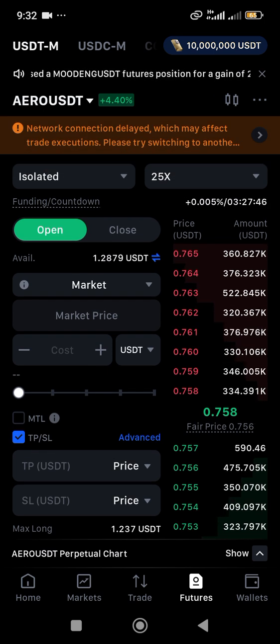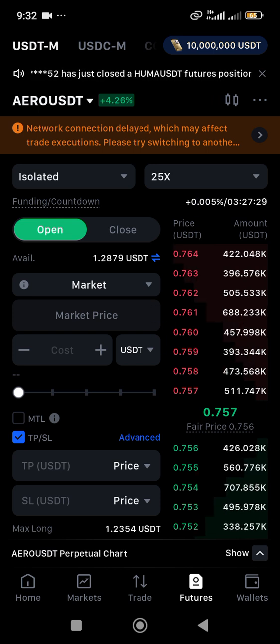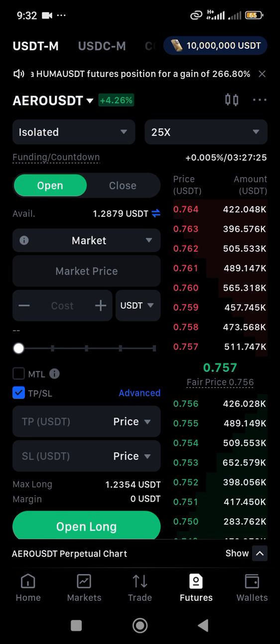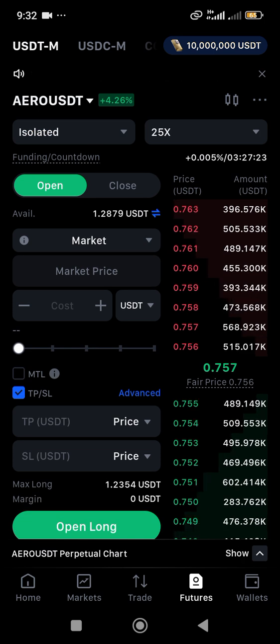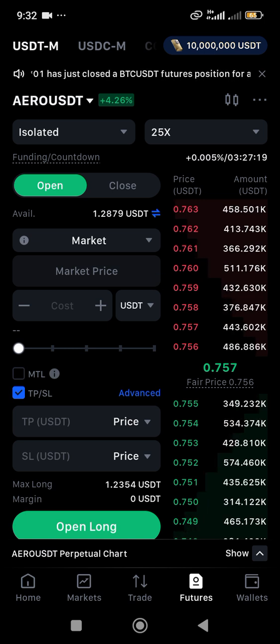It's like you using the platform to magnify the amount you are using to trade, based on the amount of leverage that the platform you are trading on has made available for you for a particular trade.